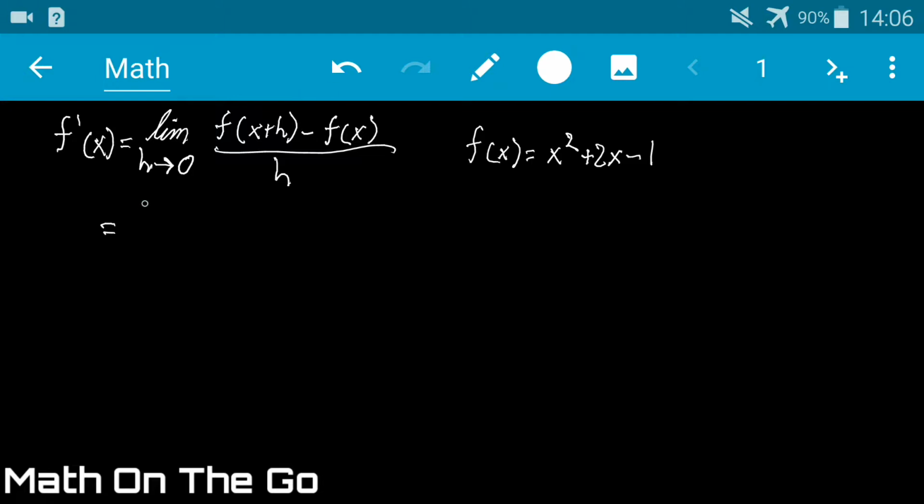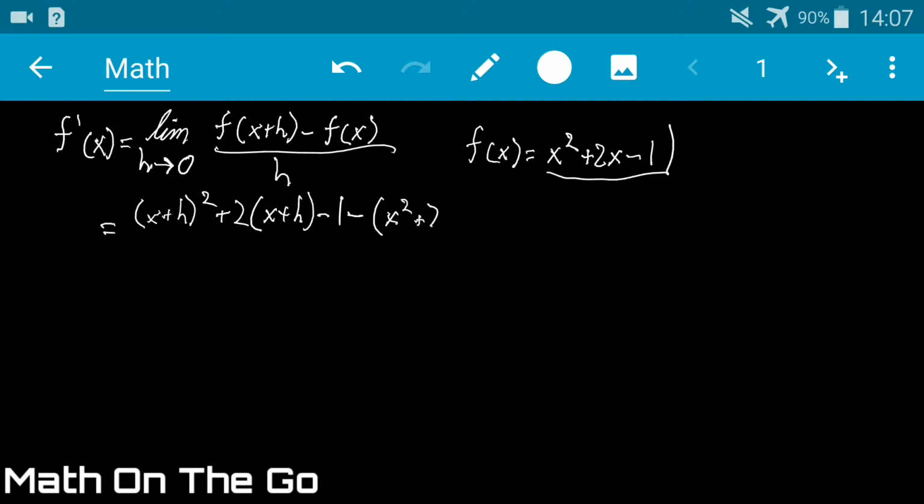So we have x plus h squared plus 2 times x plus h minus 1. And then f of x is just going to be this, but I'm going to put it in parentheses, x squared plus 2x minus 1. And all of this is over h.